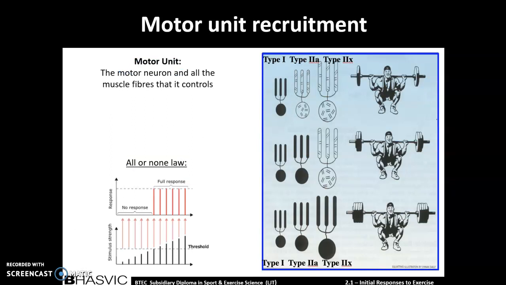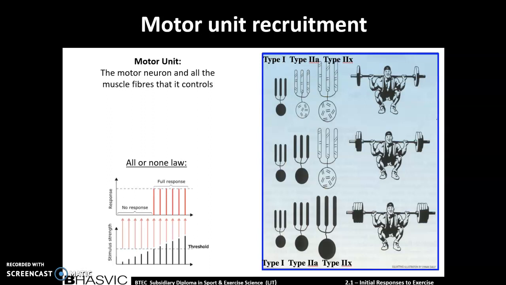A motor unit is the motor neuron we were just talking about, and all the muscle fibers it controls. So each motor unit controls a set number of muscle fibers, and this varies. So you usually get larger motor units in larger muscle groups.